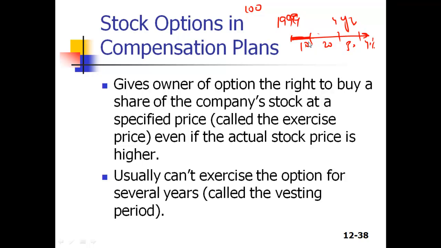So what does this mean? What is the incentive to me? The incentive to me was to work really hard so that the share price goes up. I know that I will get the share for $1. That was the option I had, the option to purchase the share for $1.